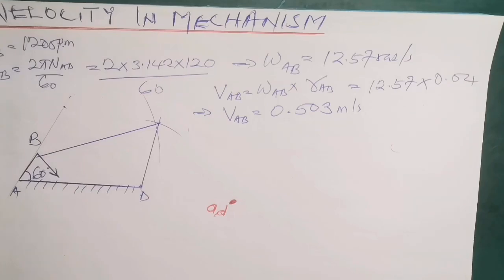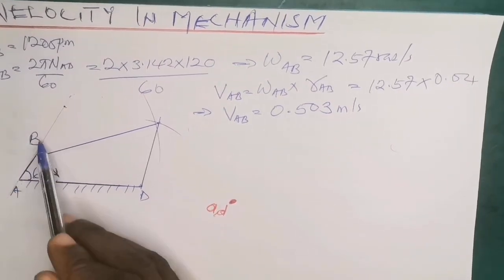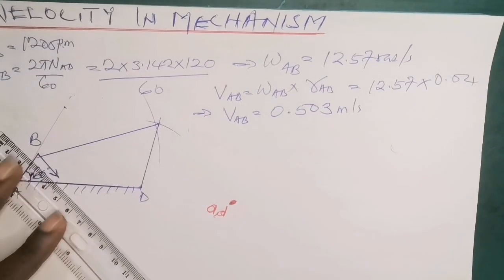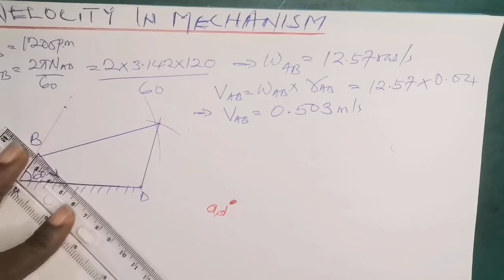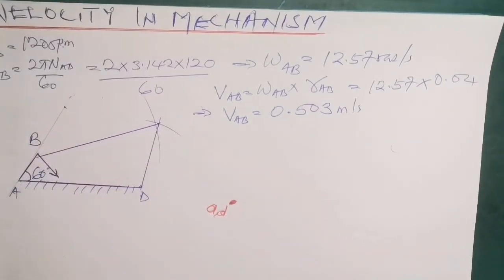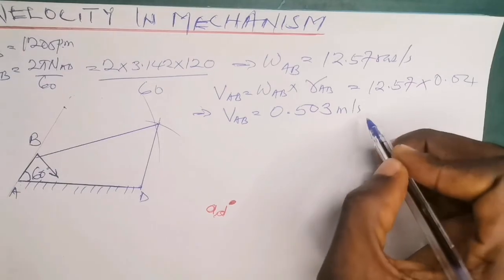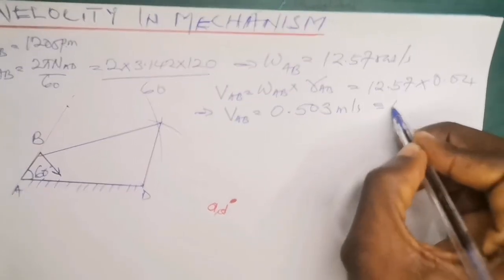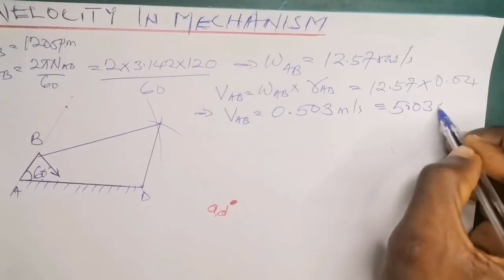Okay. So you remember now that you have a velocity that is known from A to B, and it is measured at 90 degrees downward. From this point, we are now taking our velocity to be equal to 5.03, which is equivalent to 5.03 centimeters.